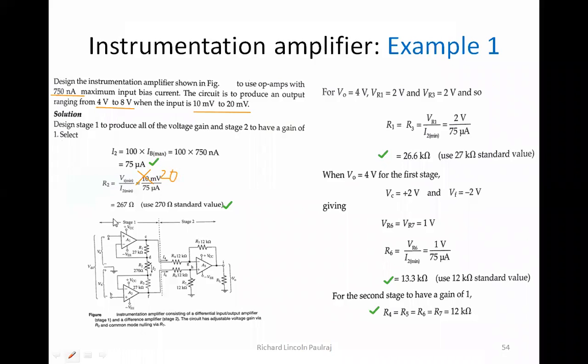Initially, I am getting kilo ohm. R2, 20 milli divided by that value. Okay, let me also just check. 20 milli divided by 75 micro. No, you are getting 266, only 266. There's no kilo there. Try again.